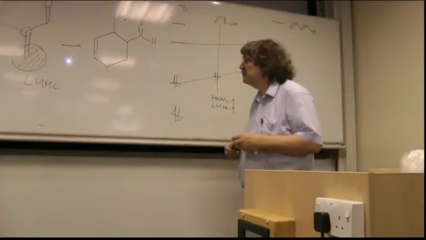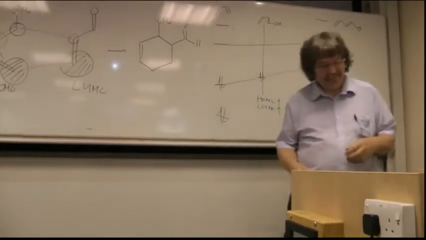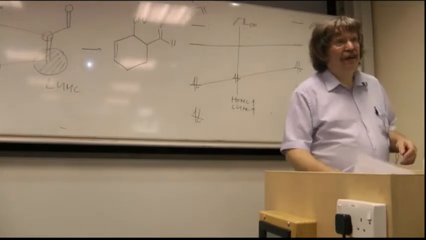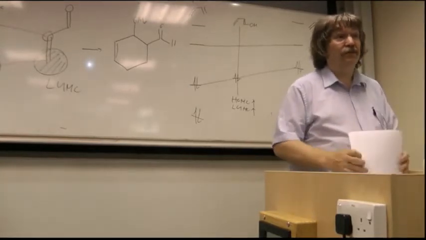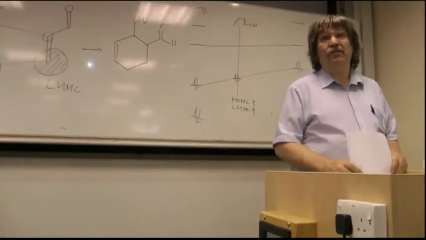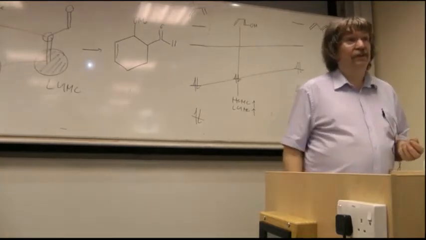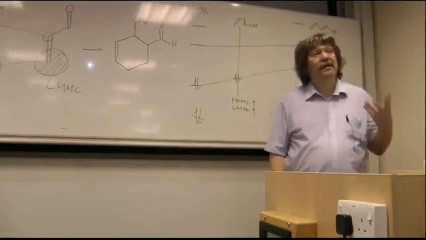Okay. So that essentially is the method. Work out the orbitals on your two components, overlap the biggest one, and it will very, very reliably predict the regiochemistry of your cycloaddition, or indeed of many other reactions.